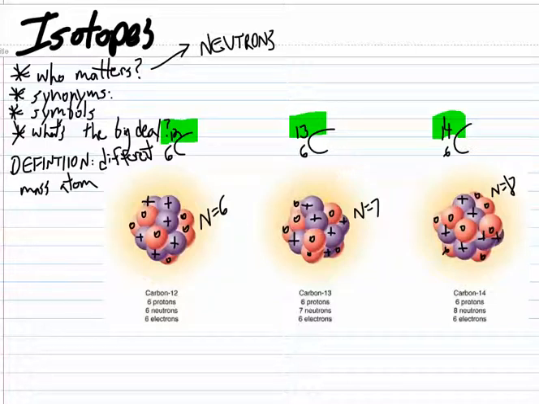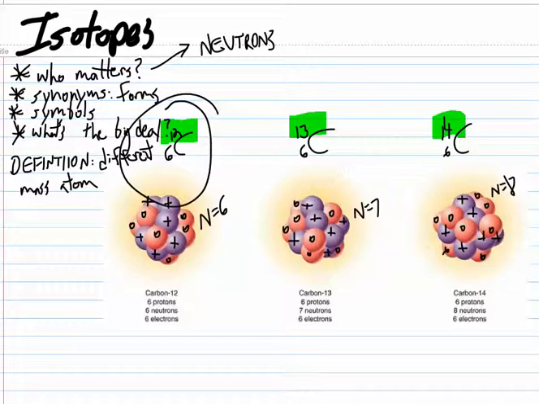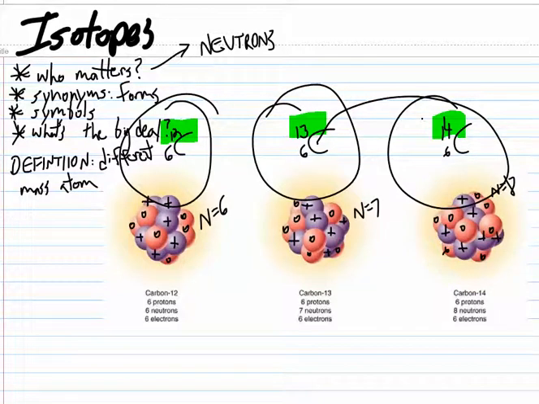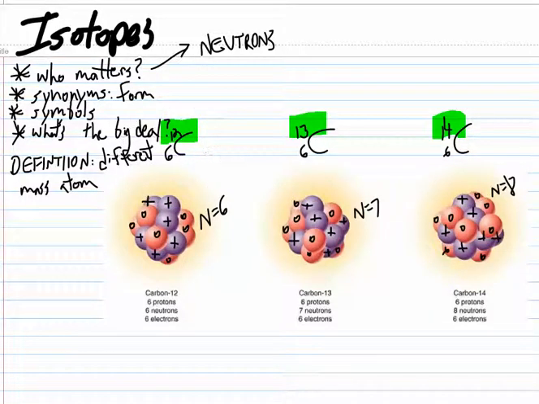I've been in classes before where professors are talking about different isotopes of carbon, and they often use the word forms. So this form of carbon has a mass of 12. This form of carbon has a mass of 13, and so on. So a synonym for the word isotope could be form or forms, and maybe you'll hear someone say a different weight or a different mass of carbon.